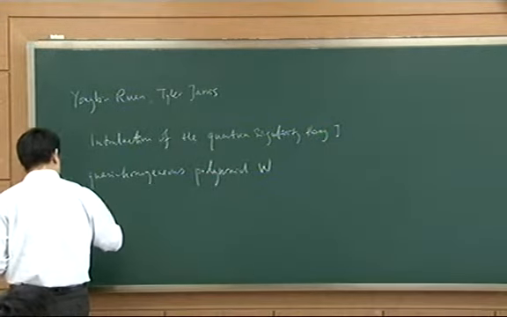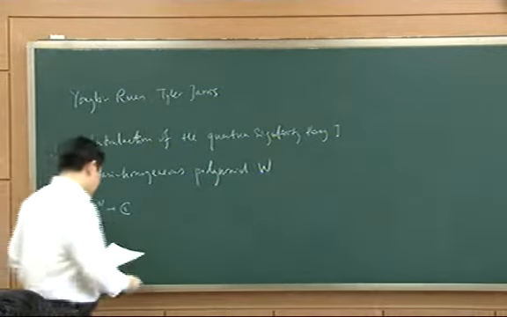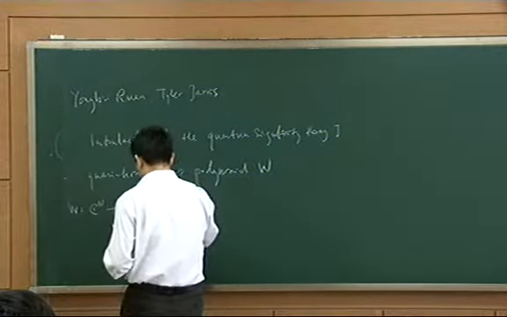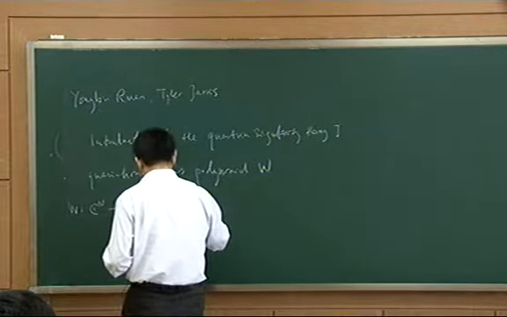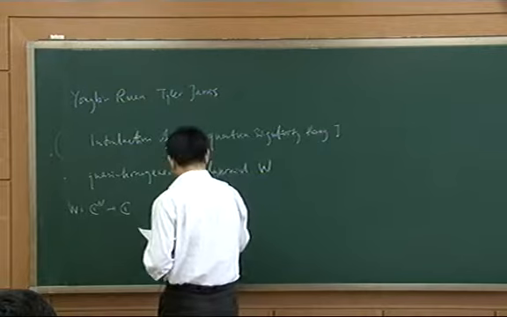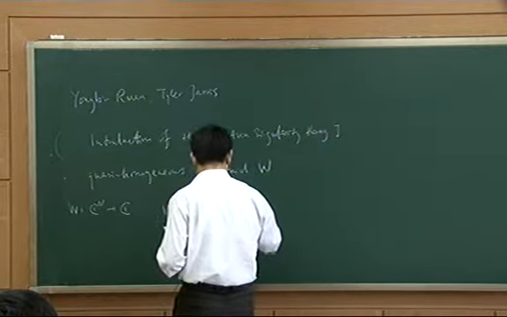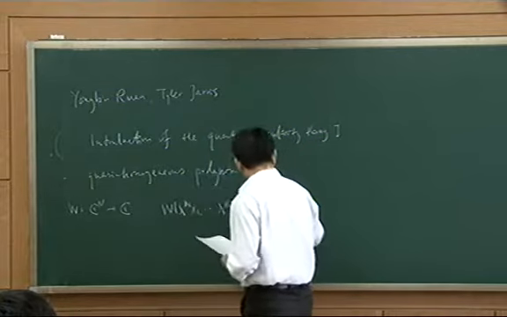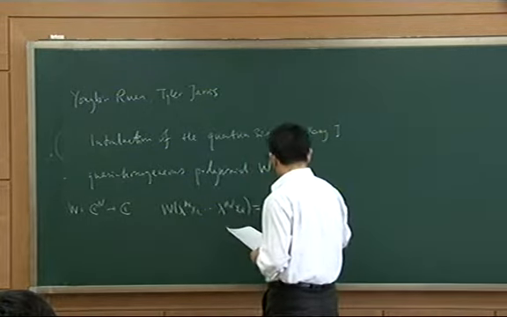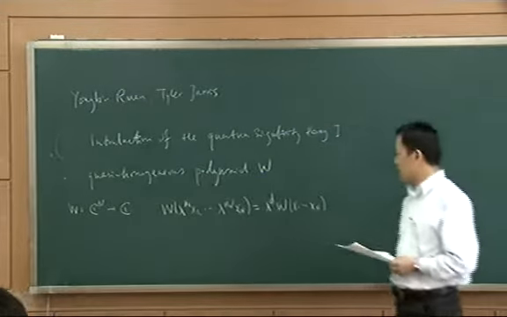W is a map from C^n to C and satisfies the following identity: W(λ^{n1} x1, ..., λ^{nN} xN) equals λ^d times this polynomial.